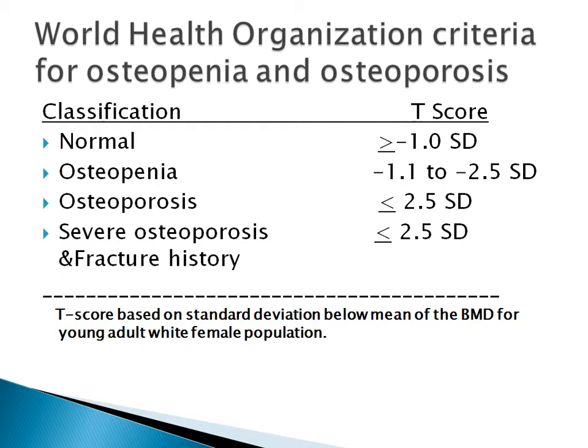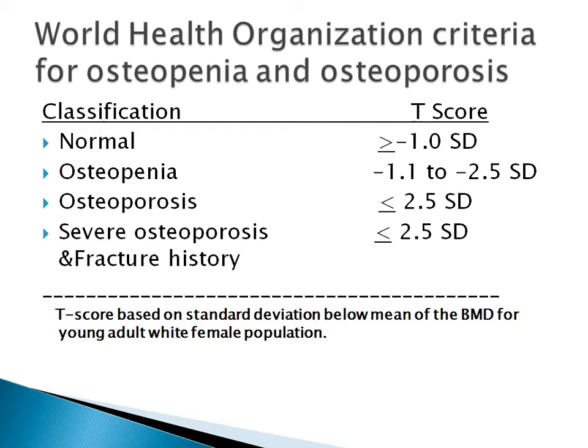So you can see that if you have a T-score of minus 1, that's still normal. But anything less than minus 1, like minus 1.1, you get into the osteopenia range. So osteopenia is defined as a T-score of minus 1.1 up to minus 2.5. Minus 2.5 or lower is defined as osteoporosis.